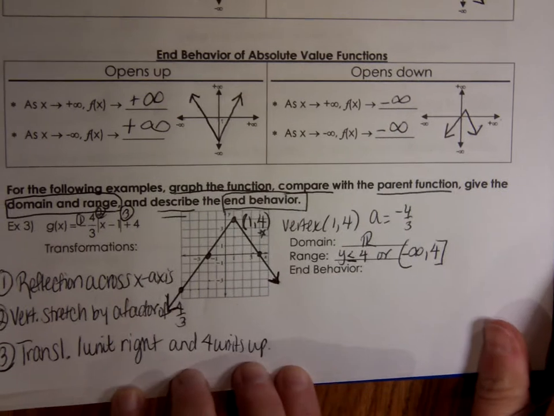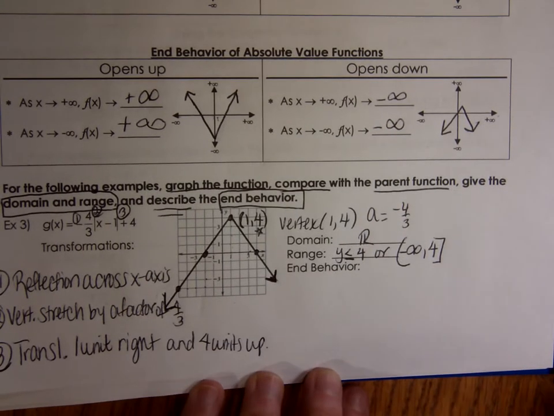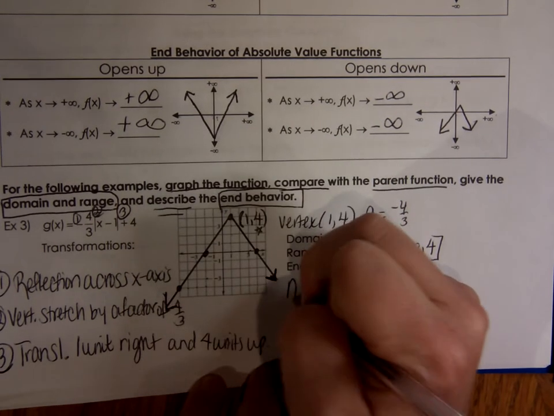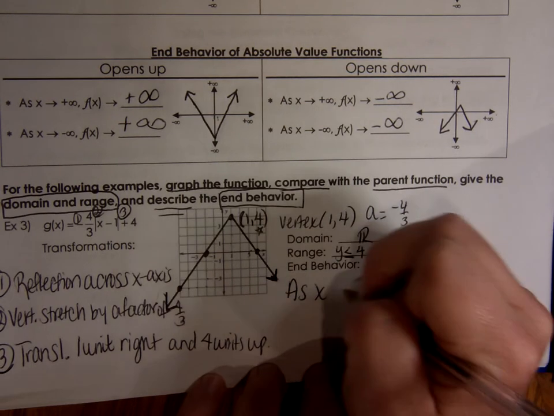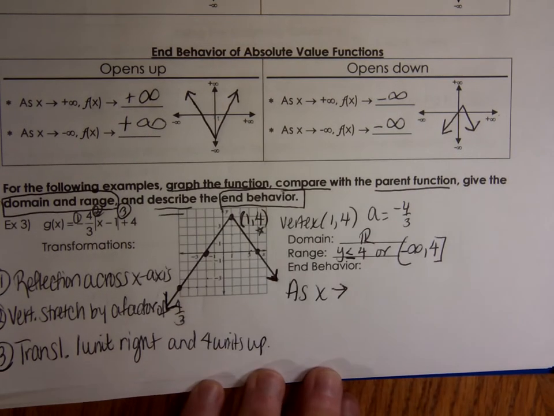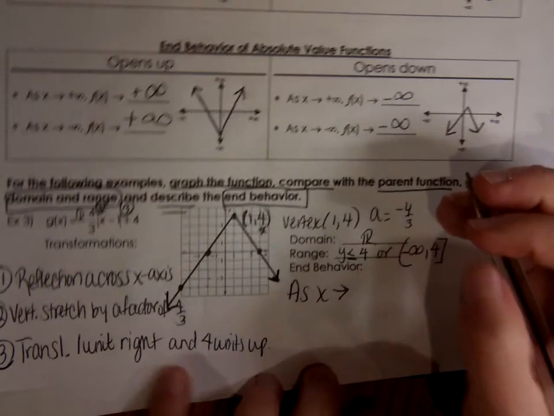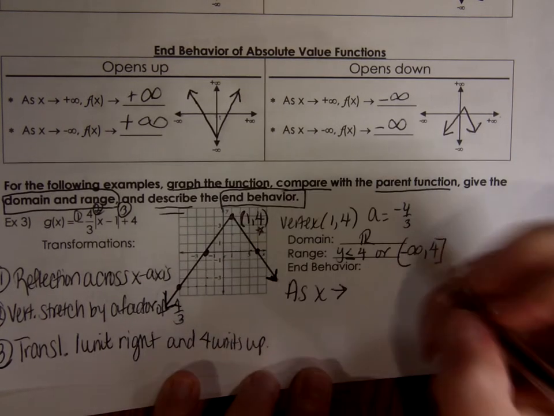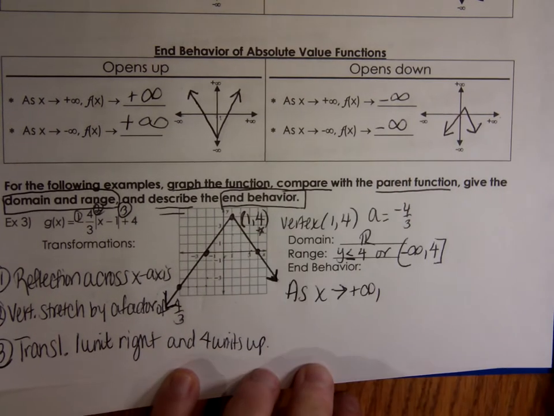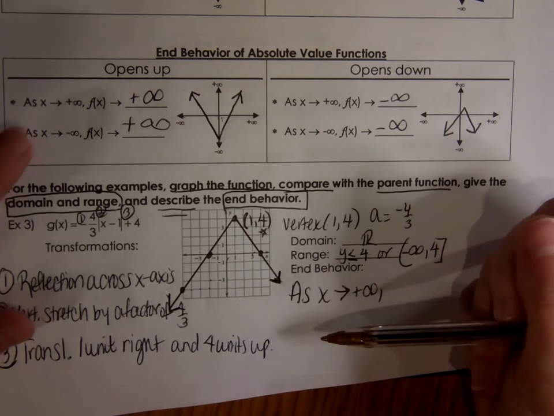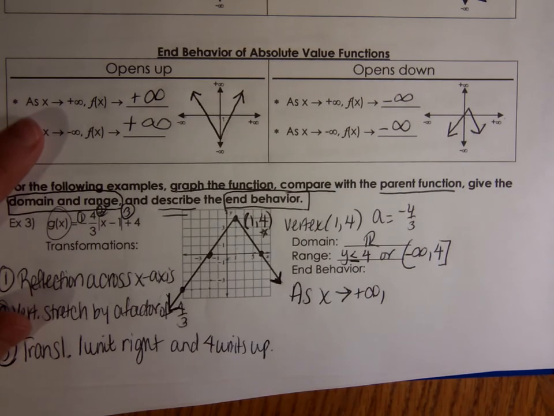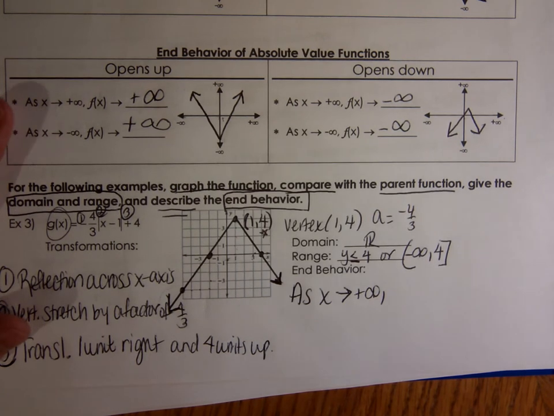When it comes to end behavior, we would write it as x approaches. Now it's always going to be written the exact same way. As x approaches positive infinity, our function, and always call it by whatever name that you're talking about. Don't call it just y or f of x because it sounds nice. Always go back to what the function is called.